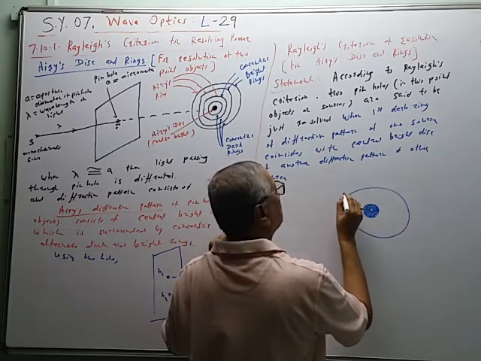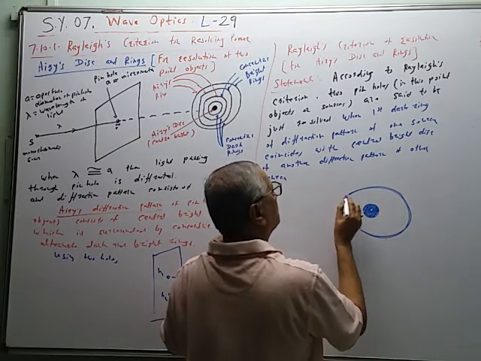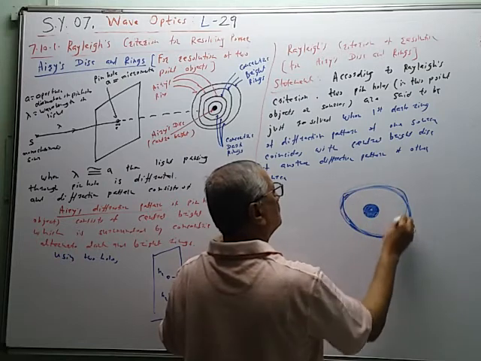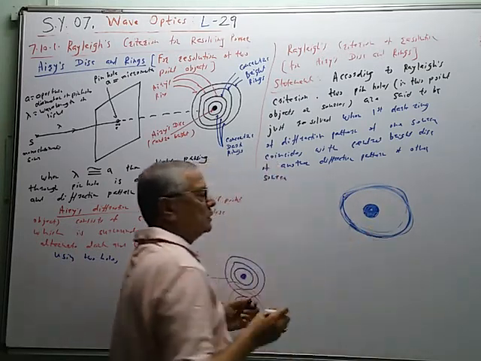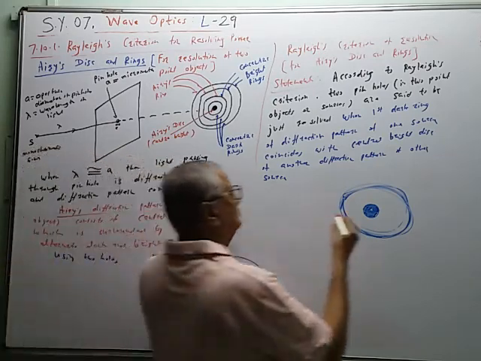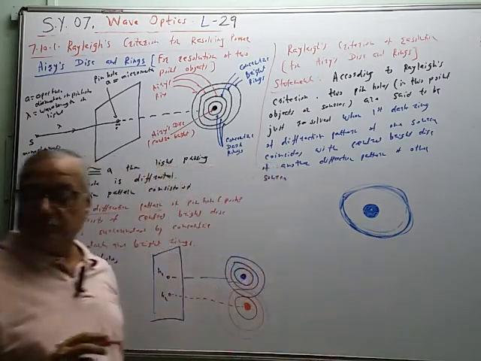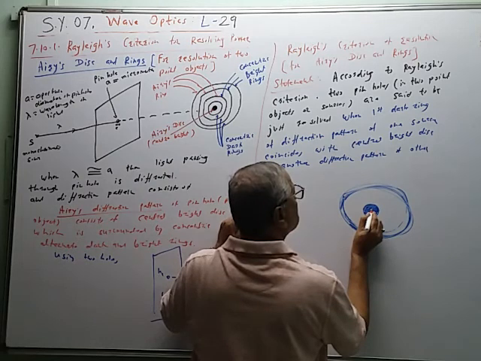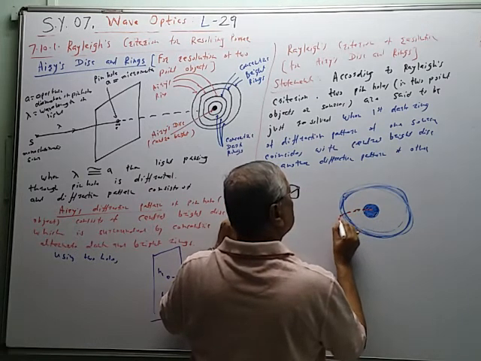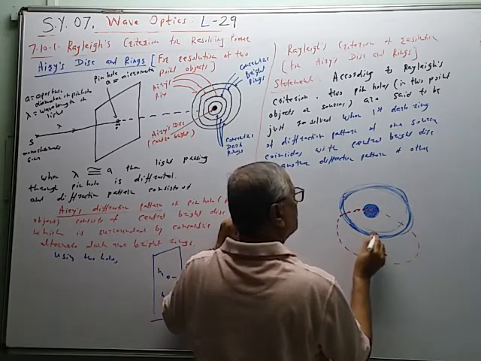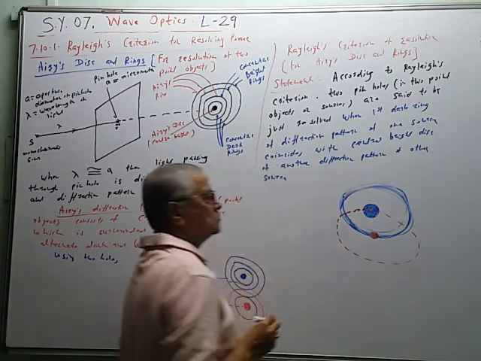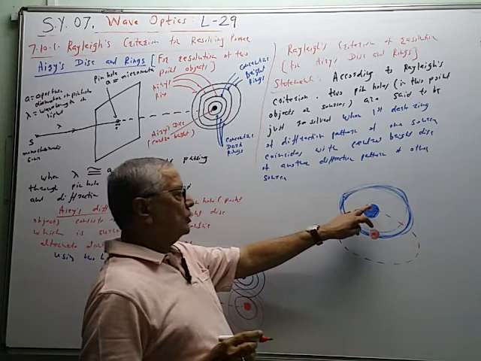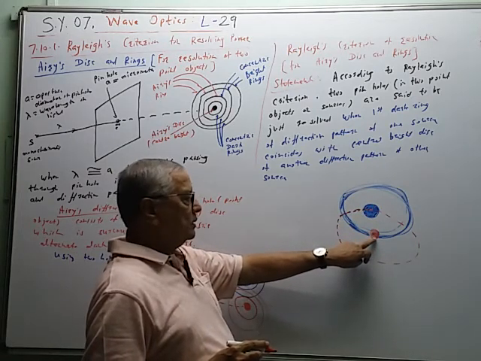This is the first dark ring. So the first minimum of the first diffraction pattern coincides with the central maximum of the other diffraction pattern.